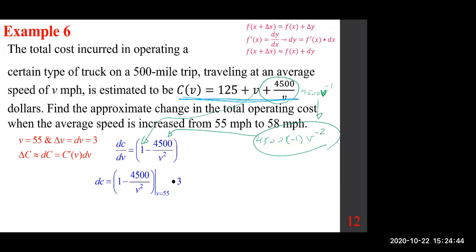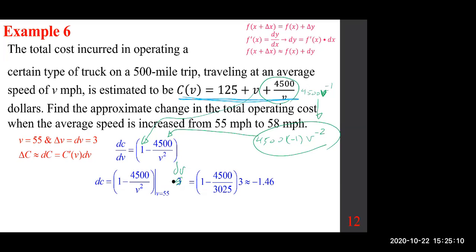So actually, maybe you want to write dV first and then replace it with 3, okay, class? So you want to write it as dV and then times, replace the V with 55, dV with 3, and evaluation will give us -1.46.